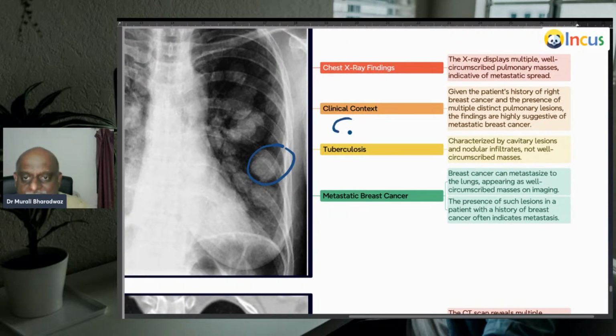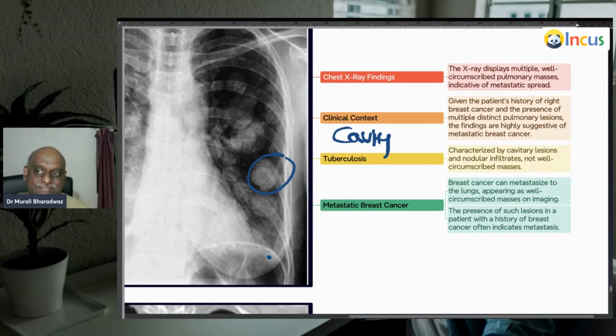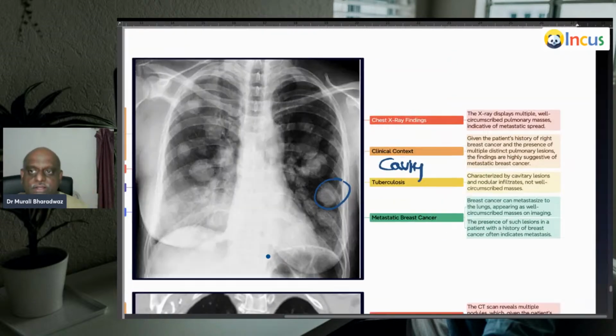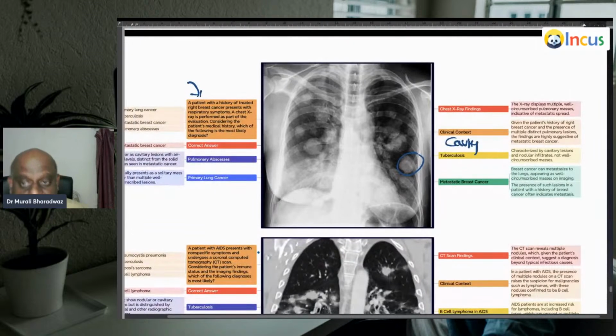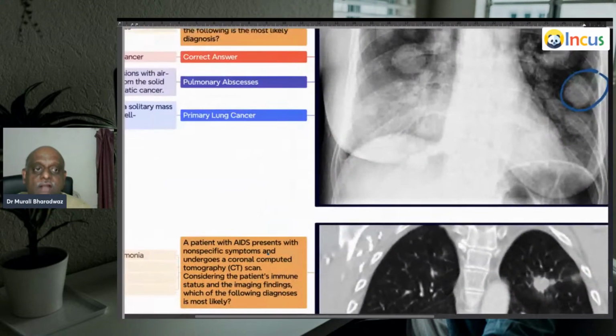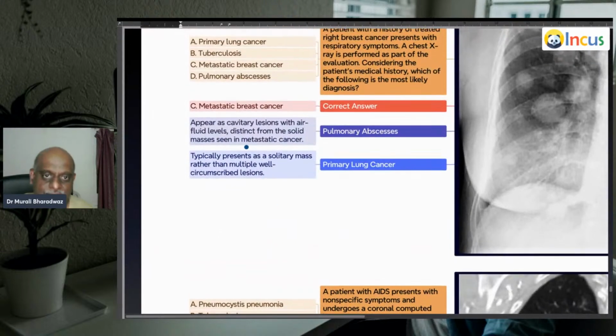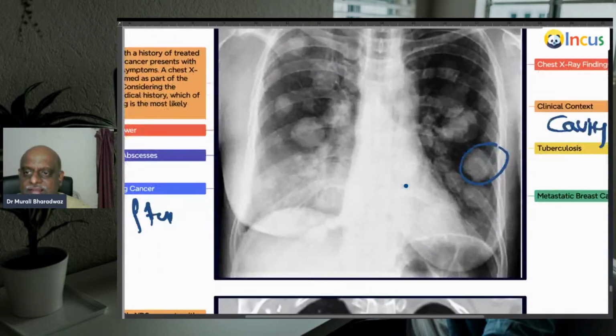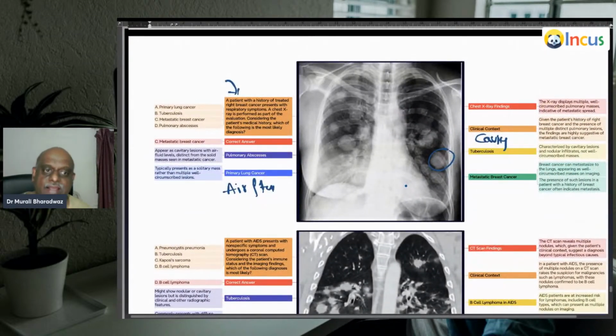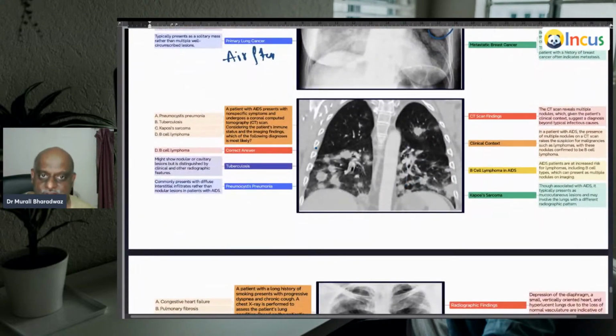TB presents like a cavity. So this X-ray is showing what? Multiple well circumscribed pulmonary masses, which is indicative of metastatic cancer. Even pulmonary abscess will show air fluid levels, which are not there in this X-ray. That's the reason it is a case of metastatic breast cancer.